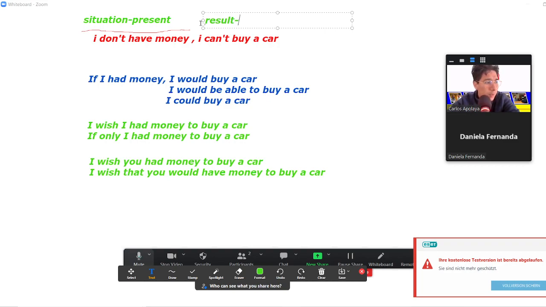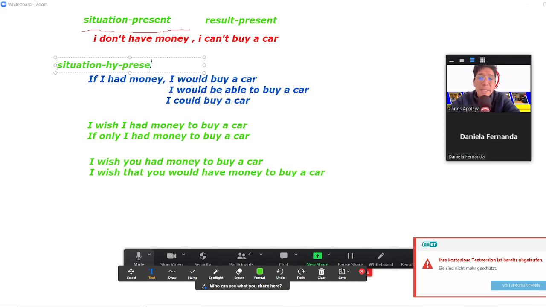In the present, porque dices, yo no puedo comprar un carro, es en el presente. Ahora, esta situación es real o hipotética. Hypothetical. But it's, okay, situation hypothetical, but in the past or in the present? In the past. ¿O sigue siendo hipotética, pero en el presente?